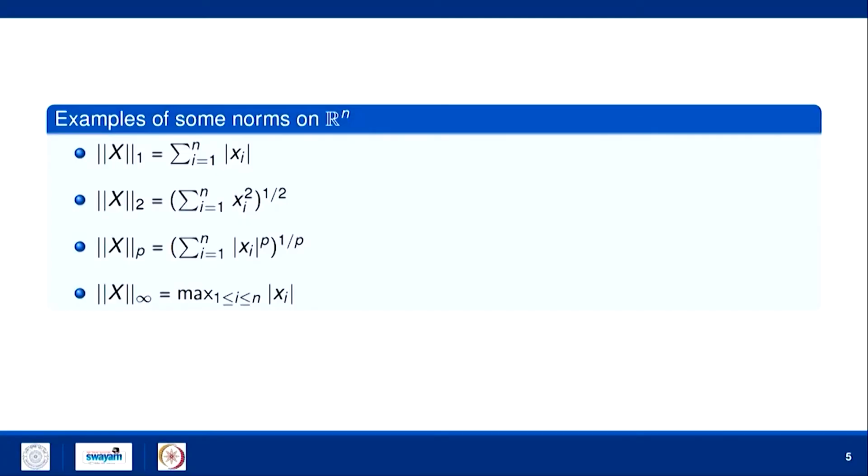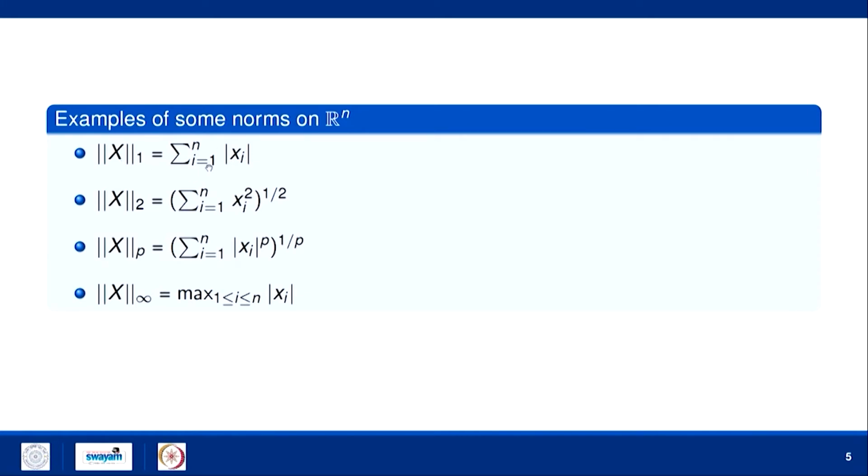If you want to see some examples of norm spaces, take the vector space as Rn over the field of real numbers and then define the norm as the L1 norm. The norm of x equals the sum of the absolute values of the components of the vector.